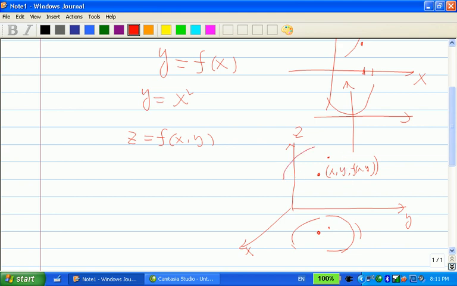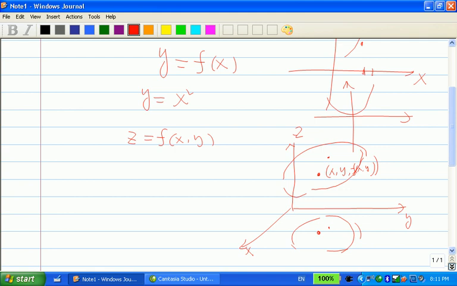You connect those, and you get a surface in space. So the first thing I want you to remember is that the graph of a function of two variables is a surface, which corresponds to the function of one variable whose graph is a curve.